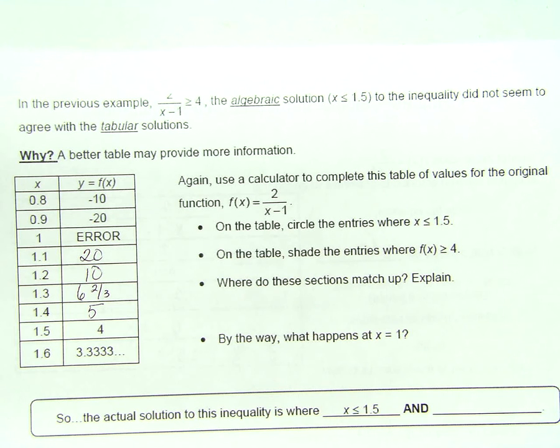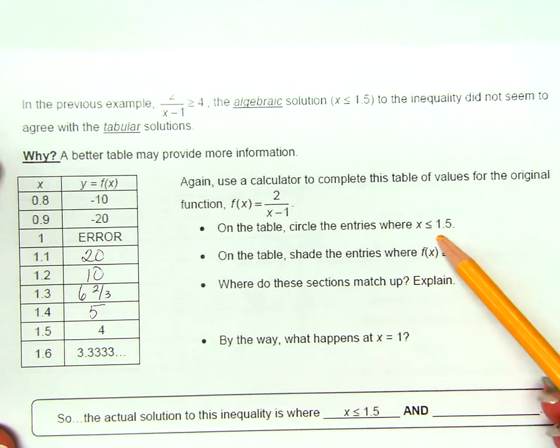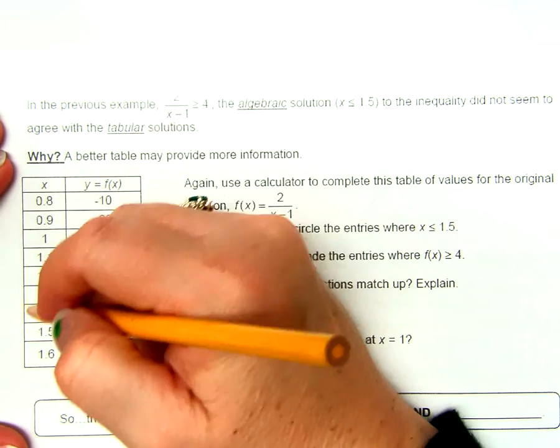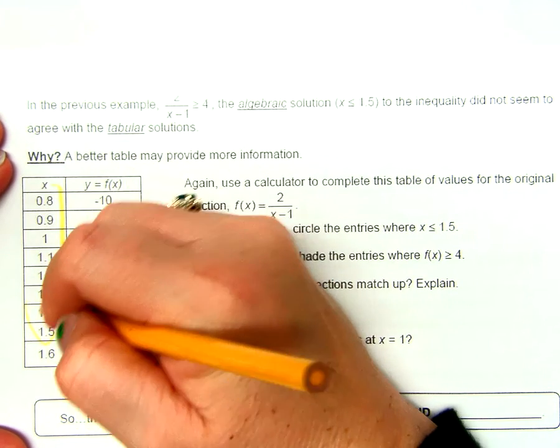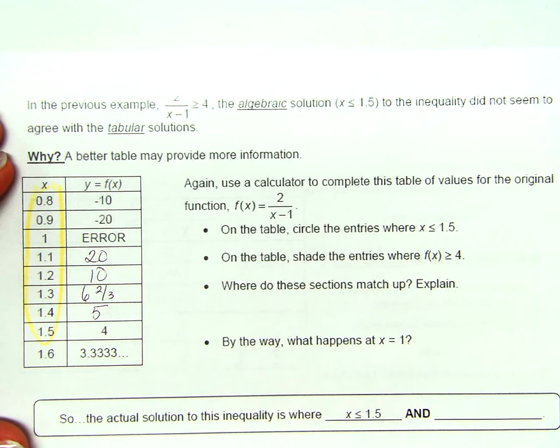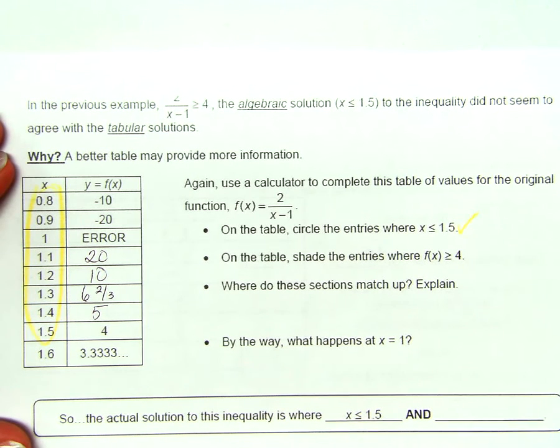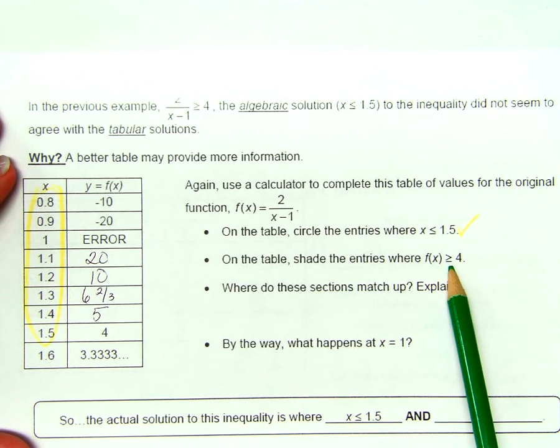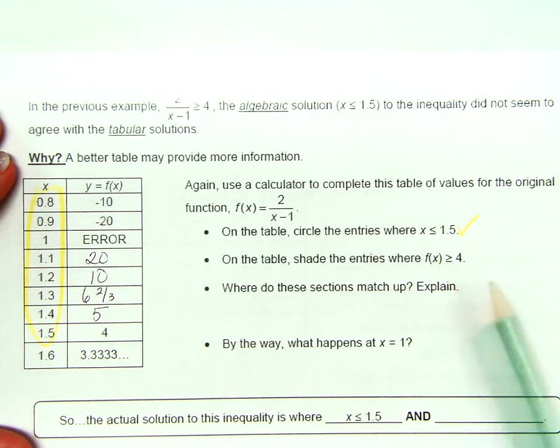Now, let's circle where the entries are less than or equal to 1.5. So like right there, right? Okay, I did that. And let's shade where the value of the function is greater than or equal to 4.